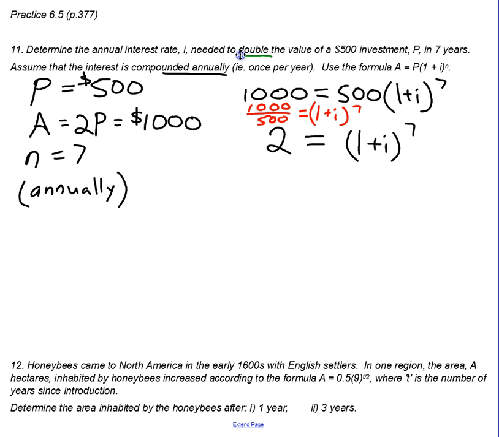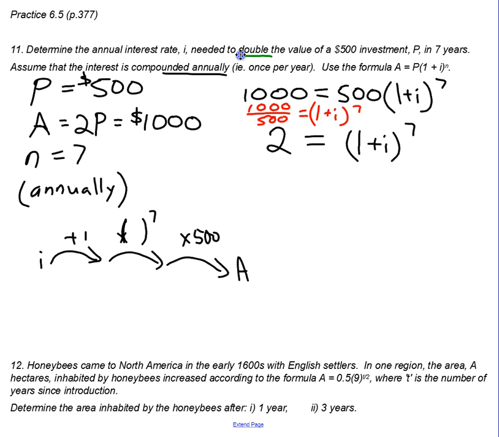And again there, your arrow diagram, starting with I, the first thing you're doing is adding 1, then you are taking that result and raising it to the exponent 7, then you're multiplying by 500, and that produces the future value.